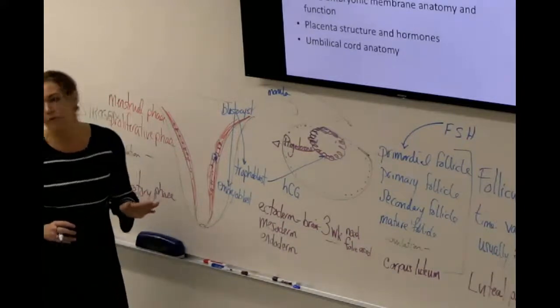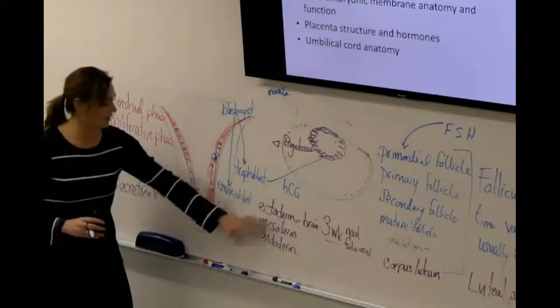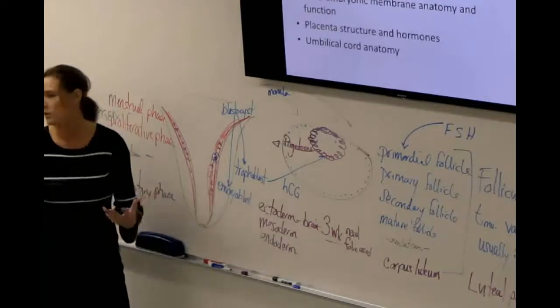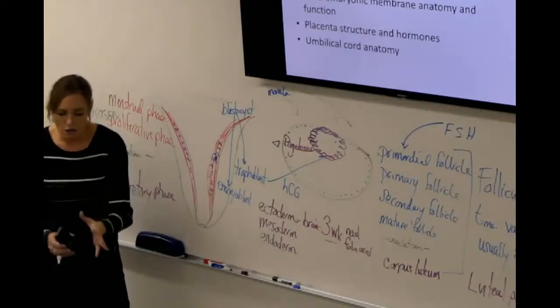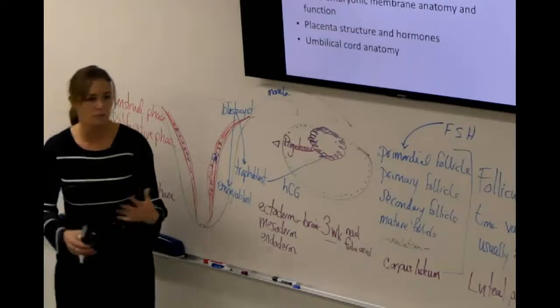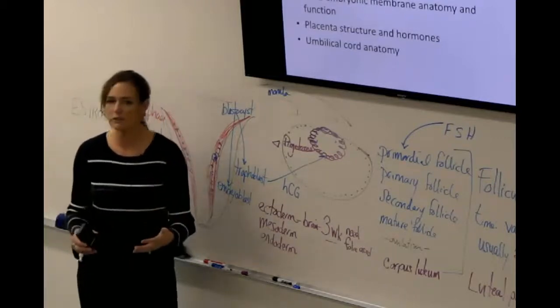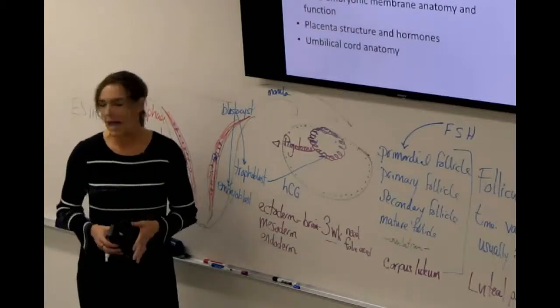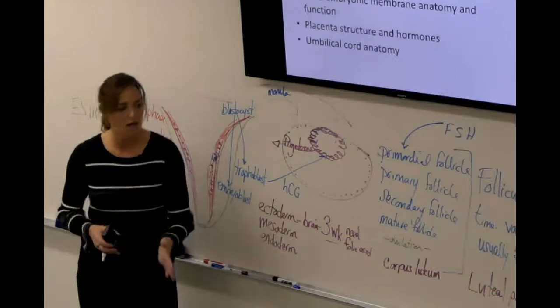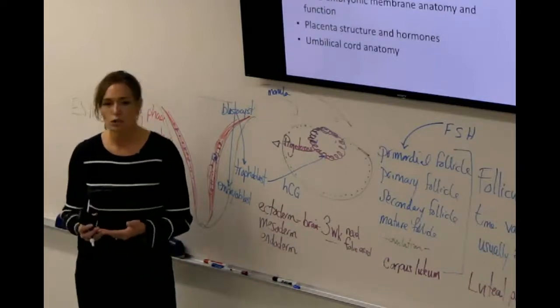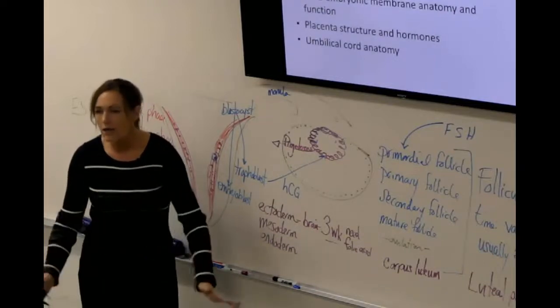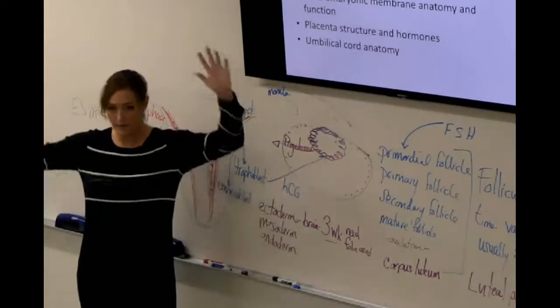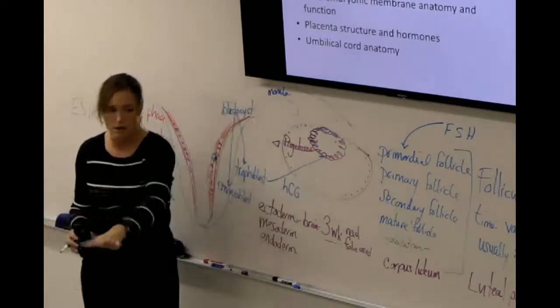The extra embryonic membranes, once we got these endoderms, mesoderms, the embryo's developing, you have a yolk sac that sticks out. It does some primitive digestive functions, some blood functions. We have an allantois, which is a stalk connecting it down to the chorion, which is going to be the baby side of the placenta and the mom side of the placenta.